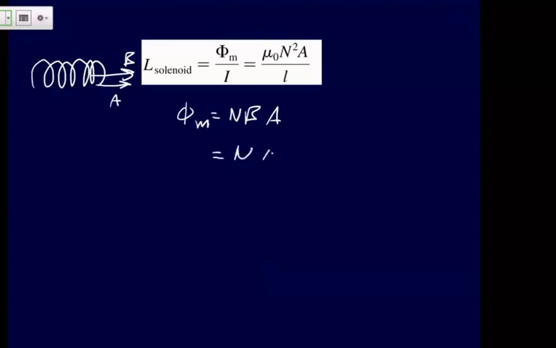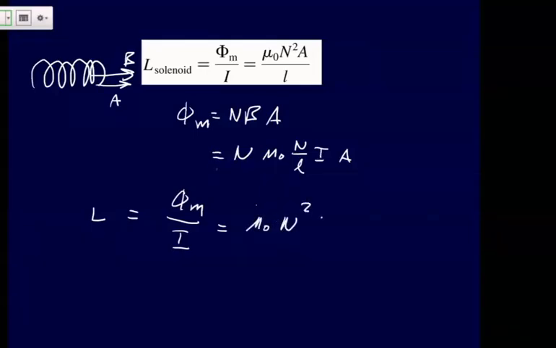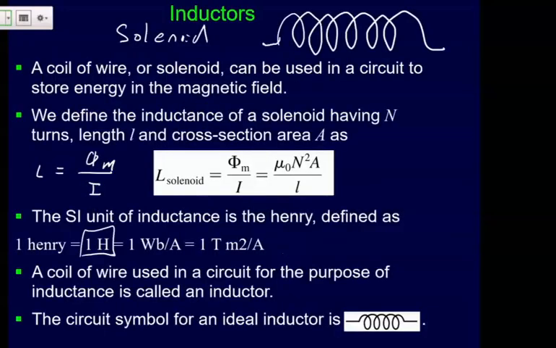The magnetic field for our solenoid is mu naught times N over lowercase l, since we have the big L for inductance, times current. When we define the inductance, it's this thing divided by I, so I get mu naught N squared divided by l times A, just like what we have in this picture over here.